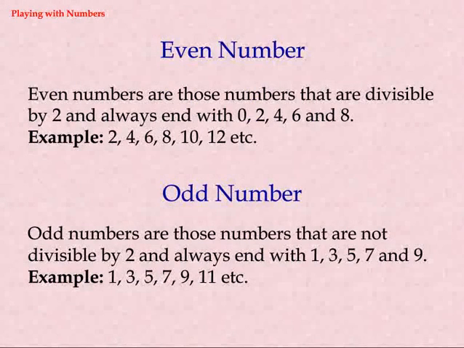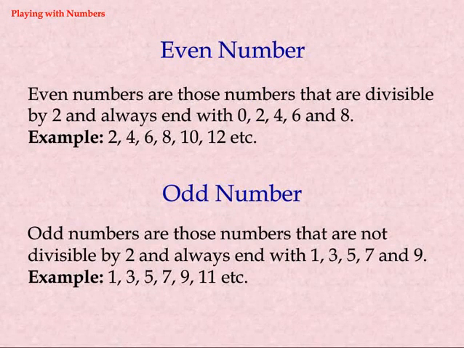Even number. Even numbers are those numbers that are divisible by 2 and always end with 0, 2, 4, 6 and 8. Example: 2, 4, 6, 8, 10, 12 etc. Odd number.